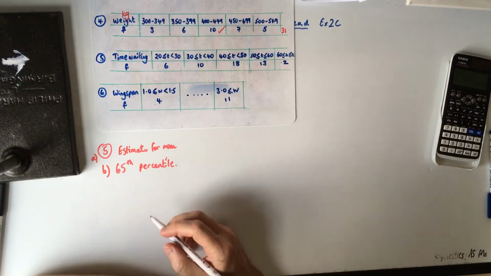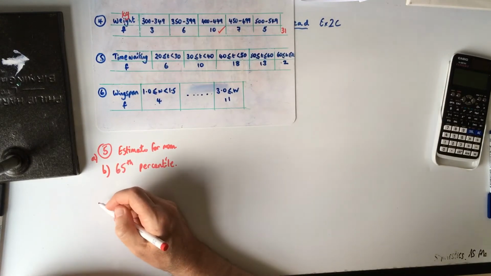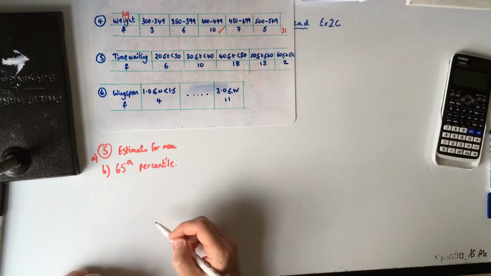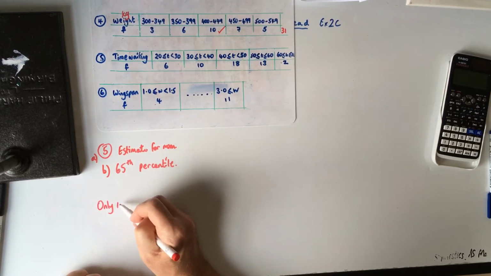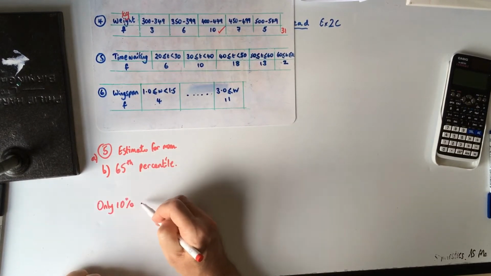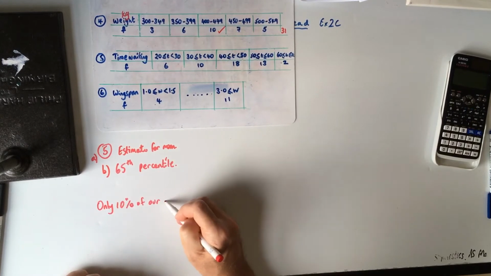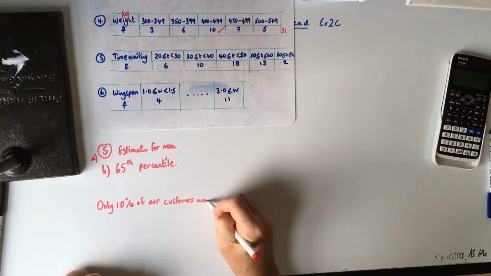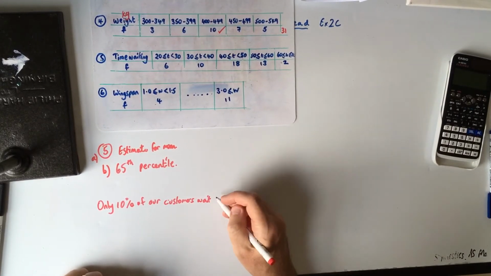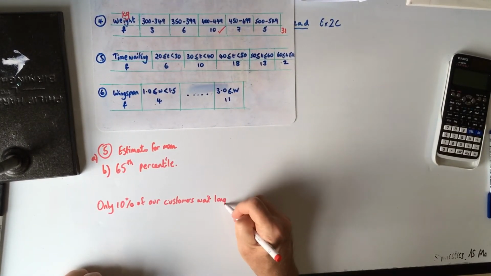And then there's a part C to this. So it says the firm writes in an advert only 10% of our customers wait longer than 56 minutes.